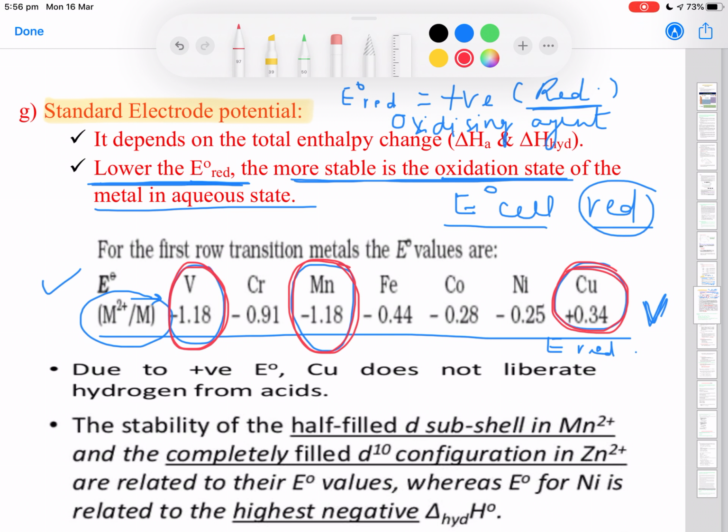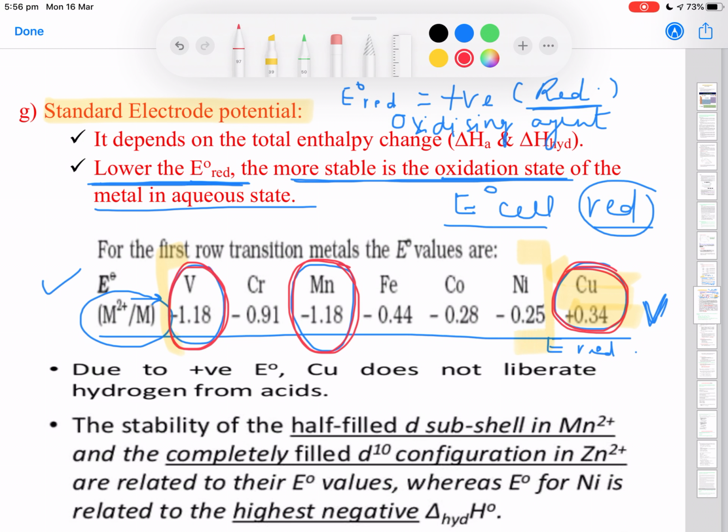But if I ask you which has more negative reduction potential, okay, so then what is your answer? So in the negative sign only I'm asking you to compare. So just don't think that copper is there in the series. Let me just highlight this for you. I'm not asking for copper. Leave copper. So amongst all these, that is from vanadium to nickel, now tell me.